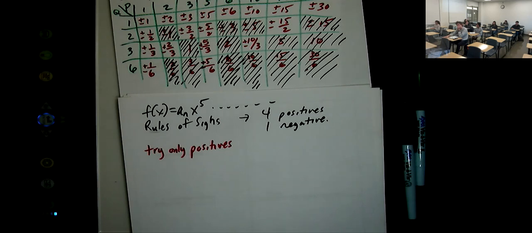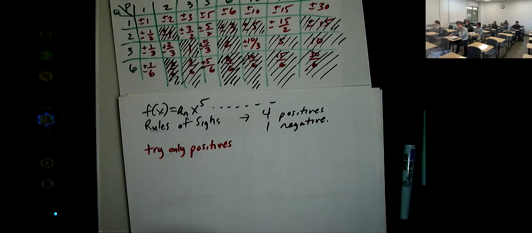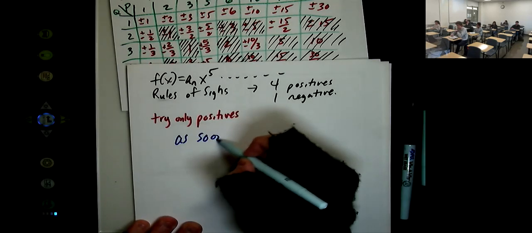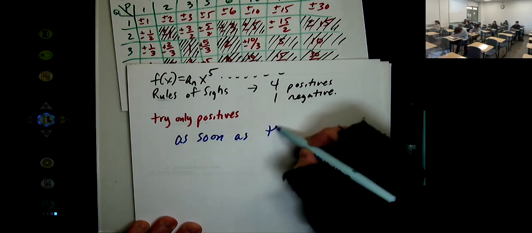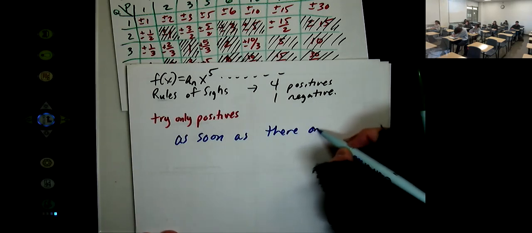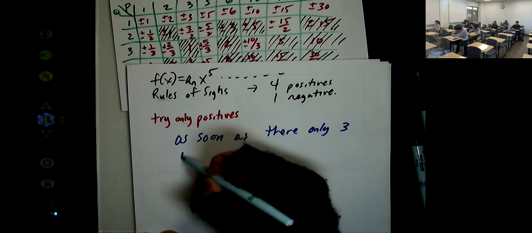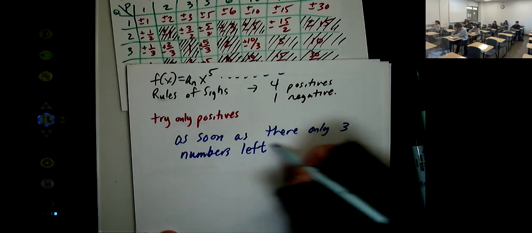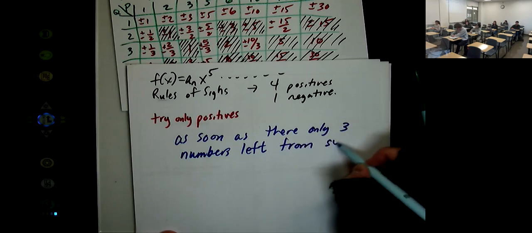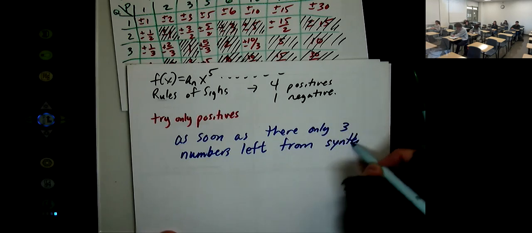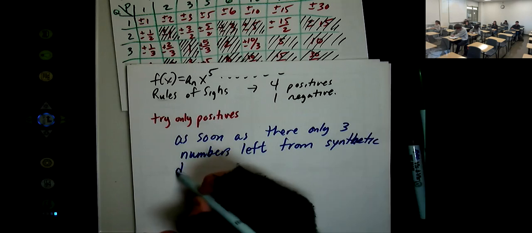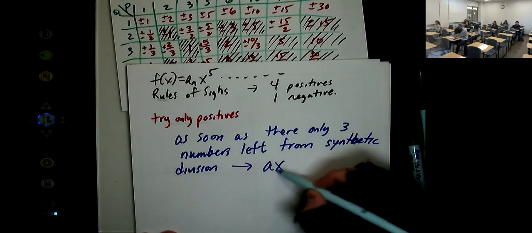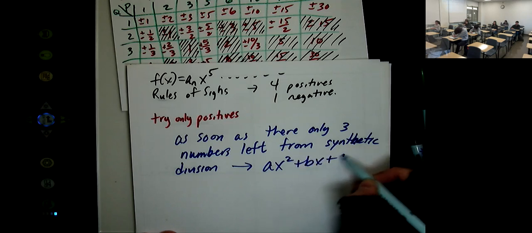And as soon as you get down to a square, as soon as there are only 3 numbers left from synthetic division, you have an ax squared plus bx plus c.